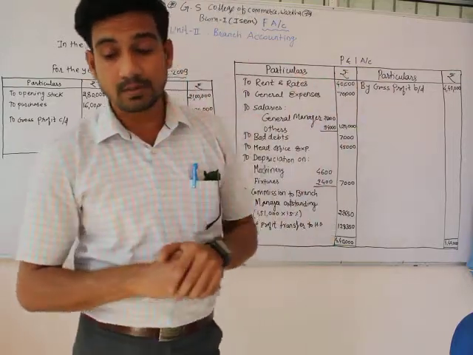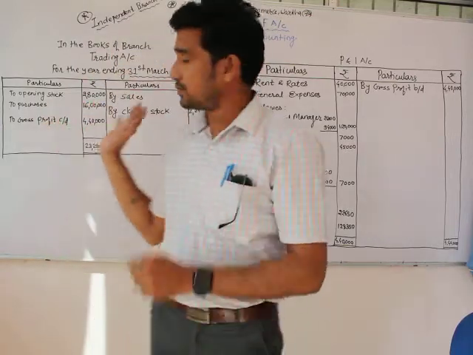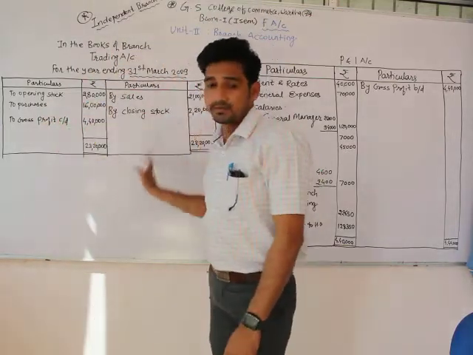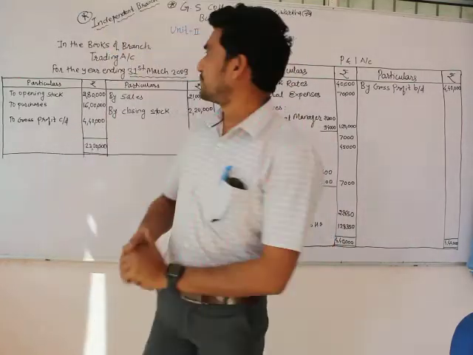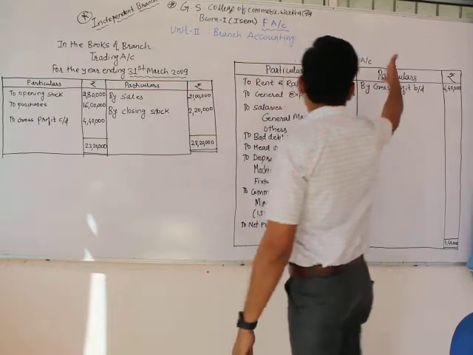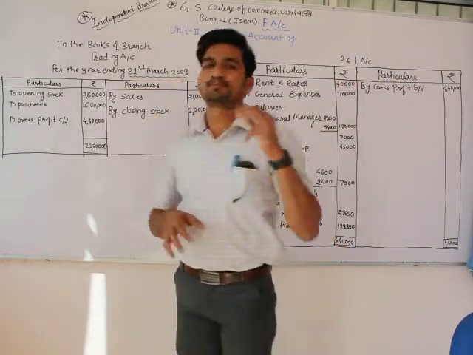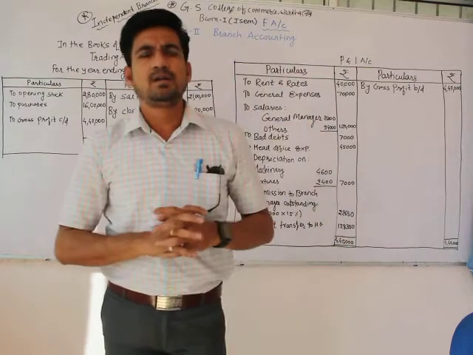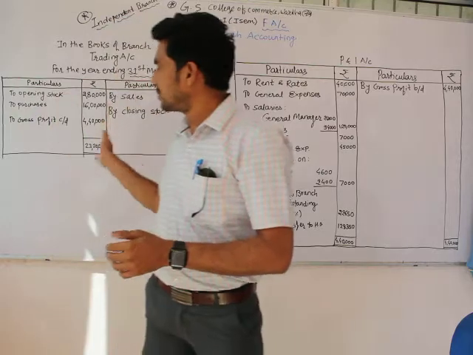That is one thing we have to keep in mind. Then the closing stock is given at rupees 2,20,000. That is another piece of information. And with the help of this information, we have to prepare a trading account and profit and loss account. The problem is very simple. We just have to keep those pro formas in our mind, and place those figures in that particular pro forma.